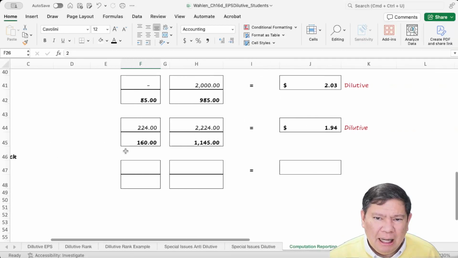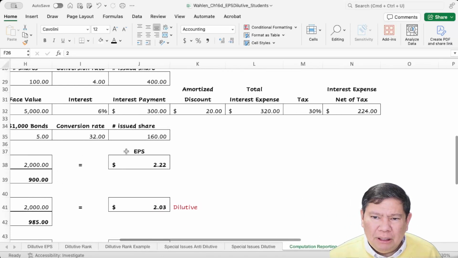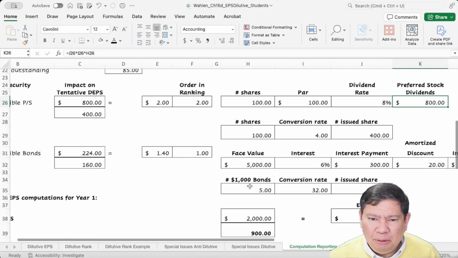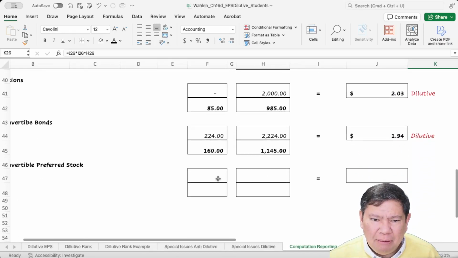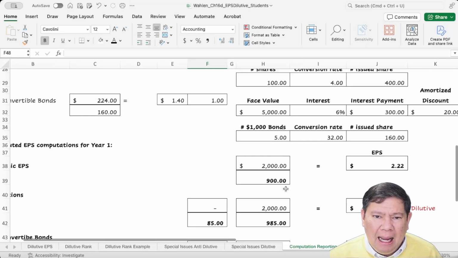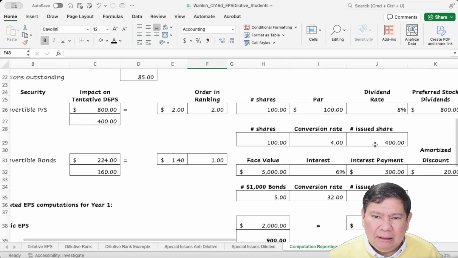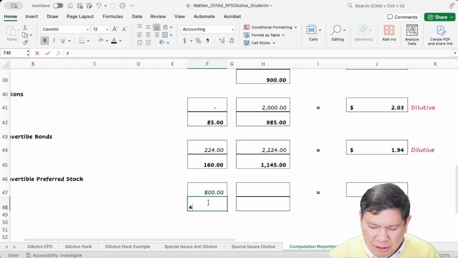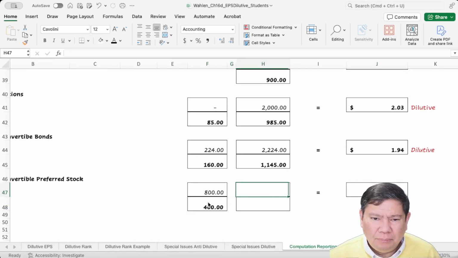And finally, we move to rank number 2, which is the convertible preferred stock. So let's see what happens. With convertible preferred stock converted into common stock, we don't have to pay the dividend. So we add back the 800 dividend, and the conversion results in 400 new common shares.